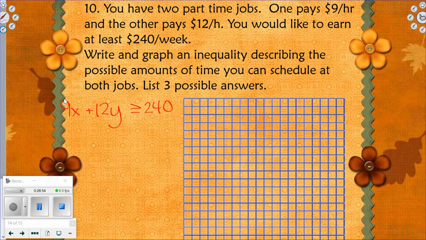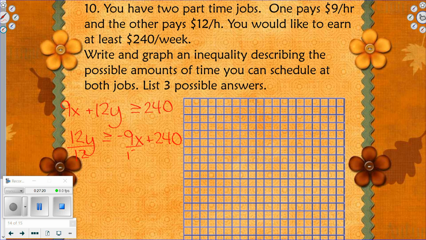All right. So write and graph an inequality describing the possible amounts of time you can schedule at both jobs. List 3 possible answers. We wrote it. Now let's solve it and then graph it. So we'll go 12y greater than or equal to negative 9x plus 240.